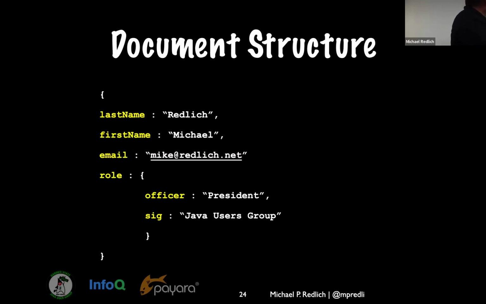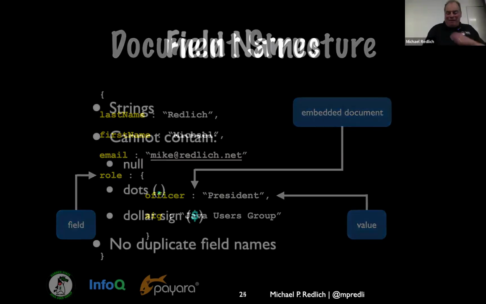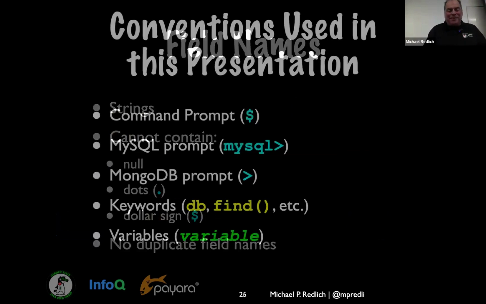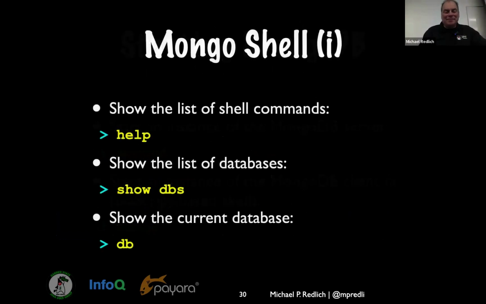So you just have another set of curly braces with the keys and values. So you can see how this gets messy, right? We're not in table land anymore, we're in collection land.